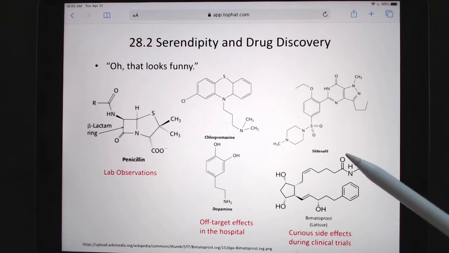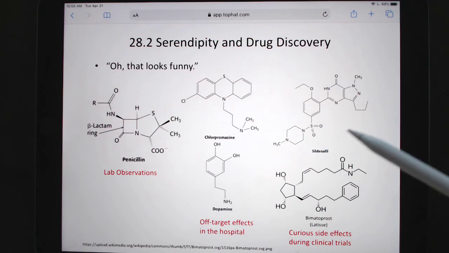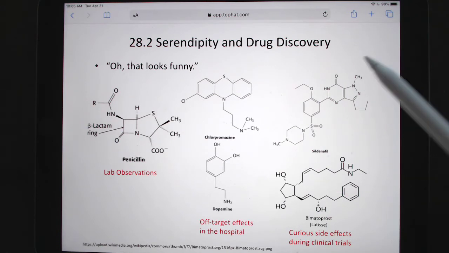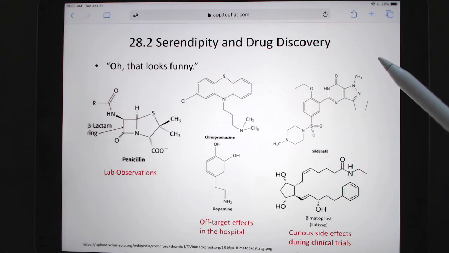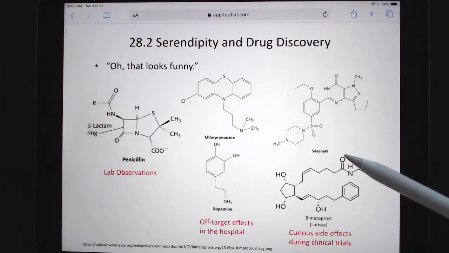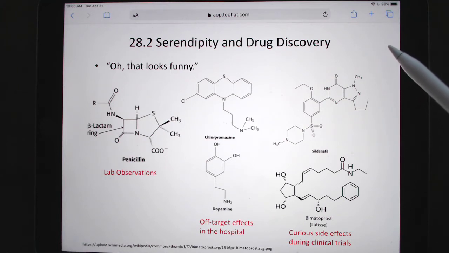The classic one is sildenafil, which is Viagra. This was initially developed by Pfizer as a drug for heart disease, and actually it is approved. It's not a great heart disease drug, but it works. But somebody over in the UK at a clinical site noticed a curious side effect and noted it.